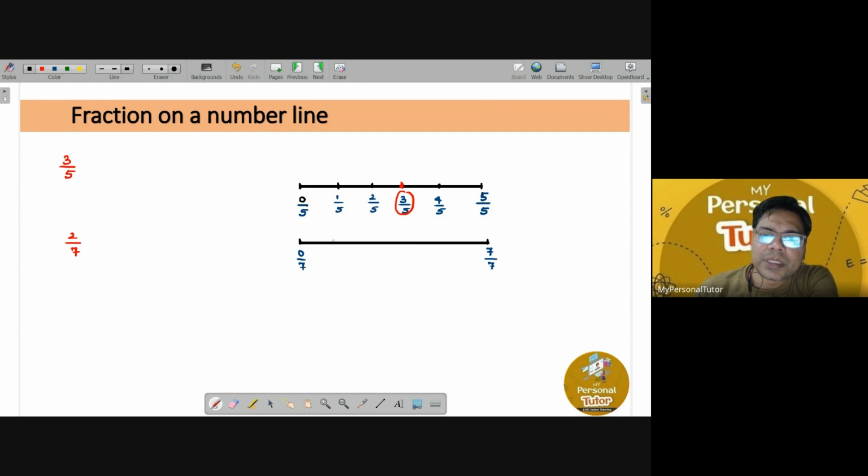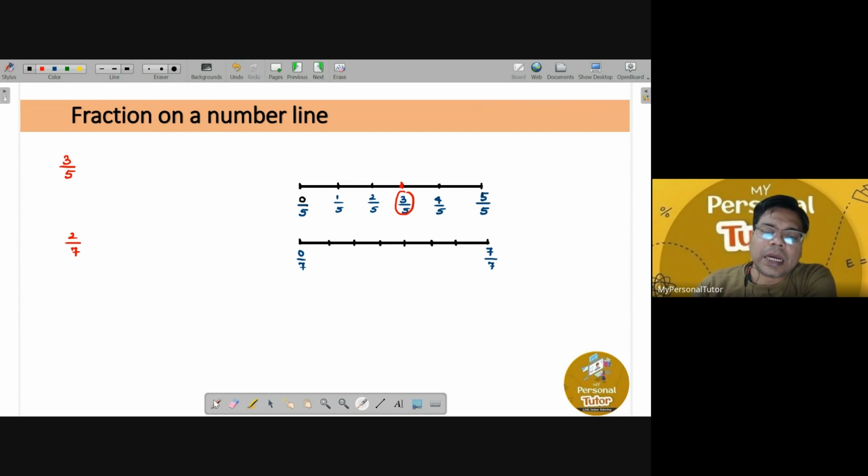Now what happens, this I will divide into 7 equal parts. This is 1 part, this is 2 part, this is 3 part, this is 4 part, this is 5 part, this is 6 part, and automatically 7. We have divided into 7 equal parts.